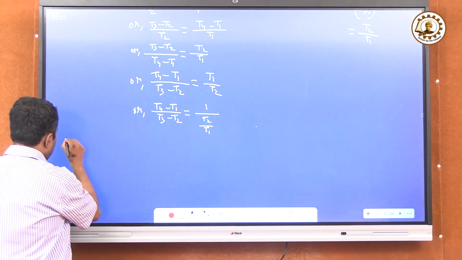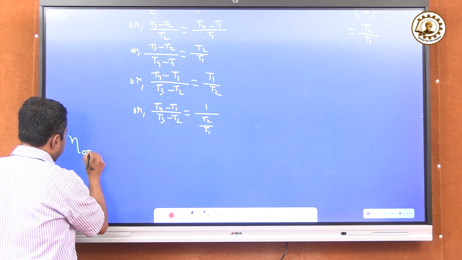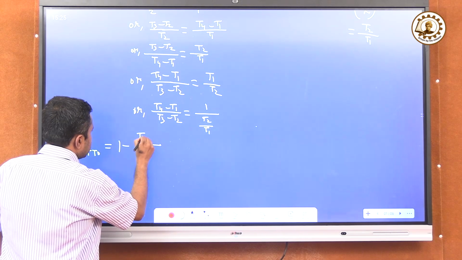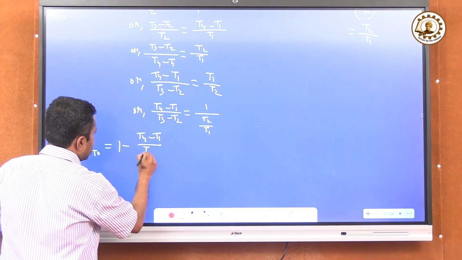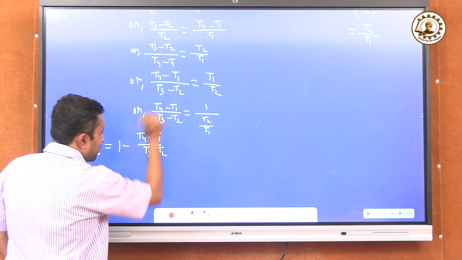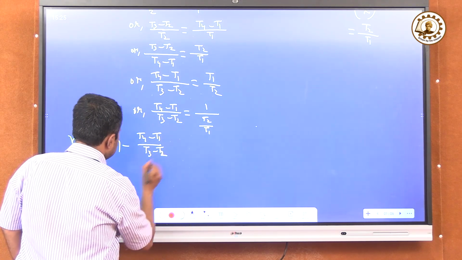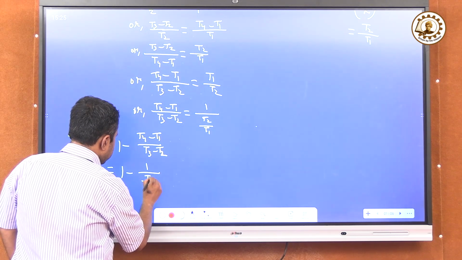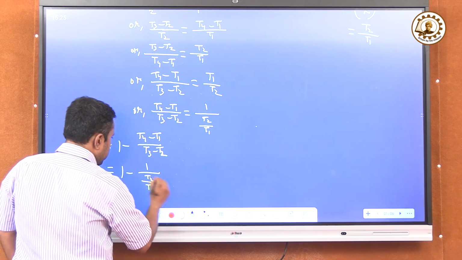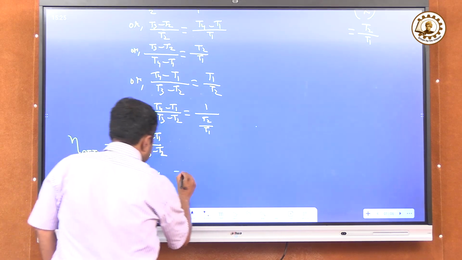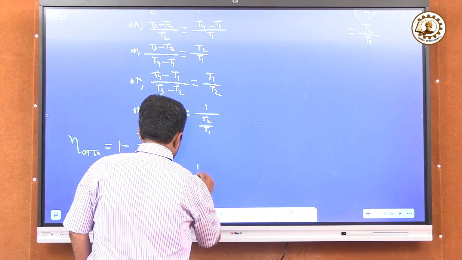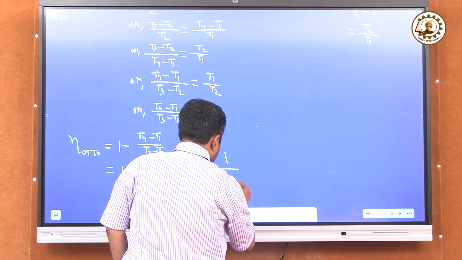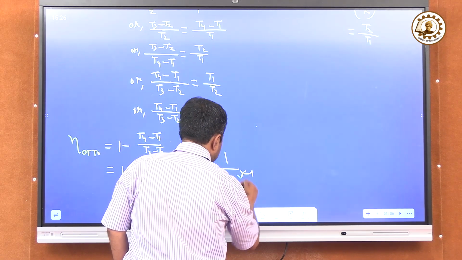Now, as we know, efficiency of Otto is equal to 1 minus T4 minus T1 by T3 minus T2. Previously we derived. Now we can write 1 minus 1 by T2 by T1 is equal to 1 minus 1 by Rk to the power gamma minus 1.